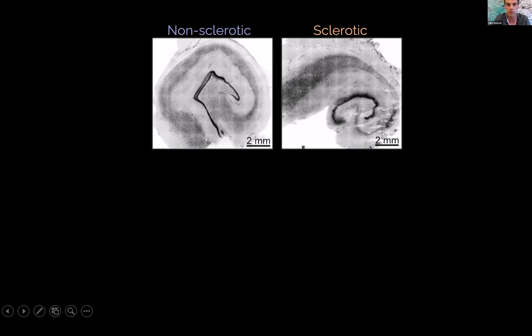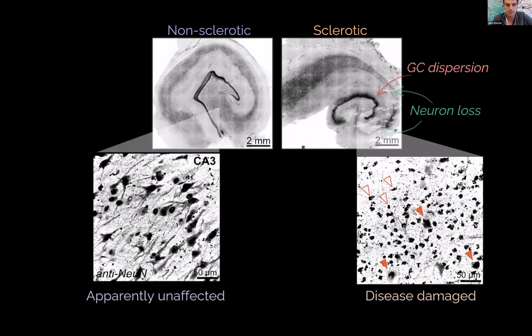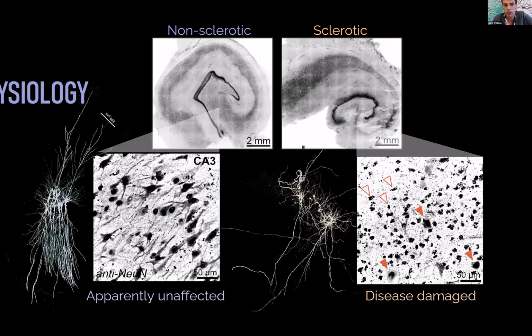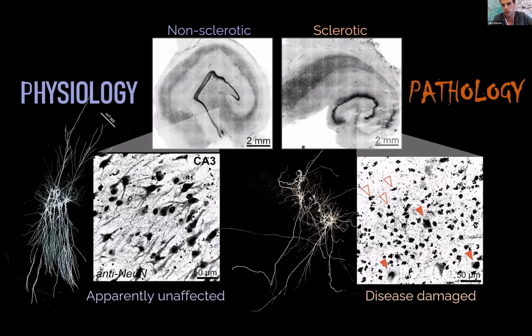So we get two types of samples. We get those that look like this, and you can see the hippocampus in its beautiful interlocking C shapes. But you also get samples that look like this. And this is hippocampal sclerosis. And what you have is granule cells start to move around because of the disease. And there is a lot of loss of neurons in different subfields like CA3 and CA1. And so these two different types of samples, if we put it bluntly, give you a view on physiology in one hand and pathology in the other.